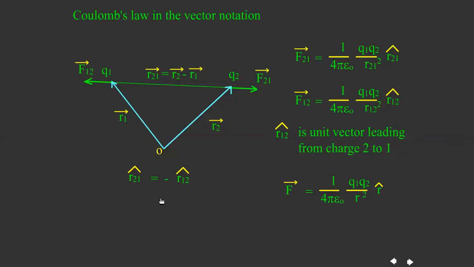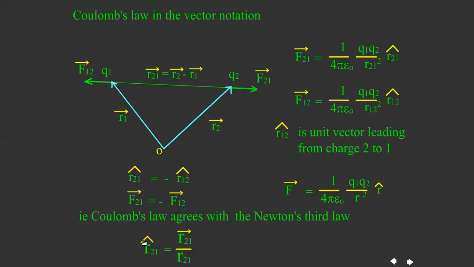From this we can write F21 is equal to minus F12. That is, these two forces are equal but opposite in direction. They form an action and reaction pair. That is, if F21 is the action, then F12 will be the reaction. Therefore Coulomb's law agrees with Newton's third law.